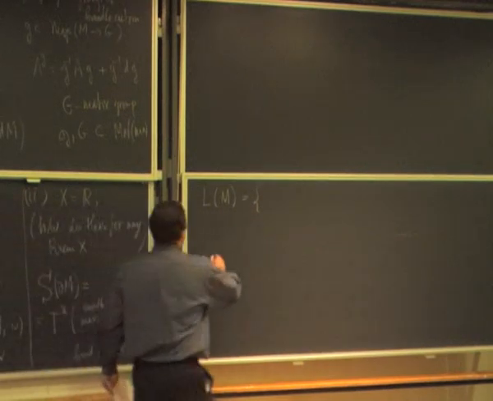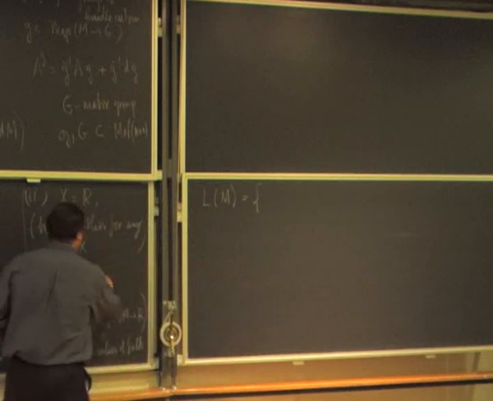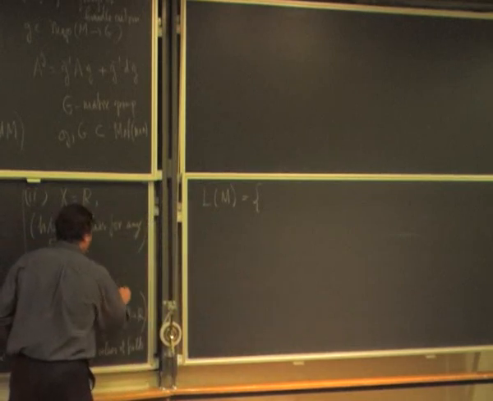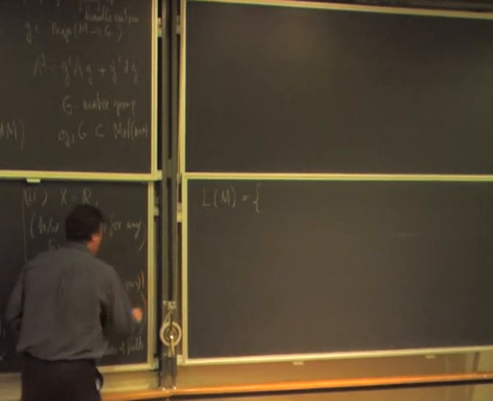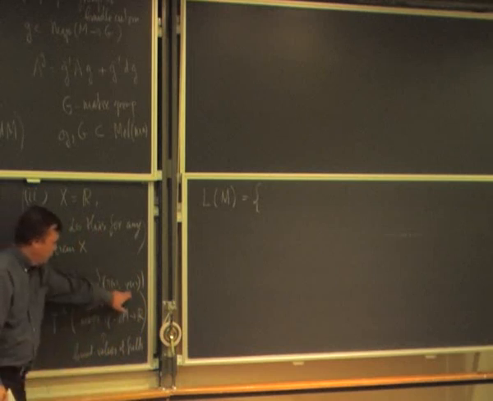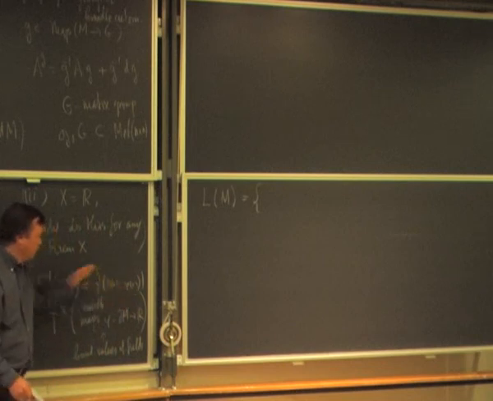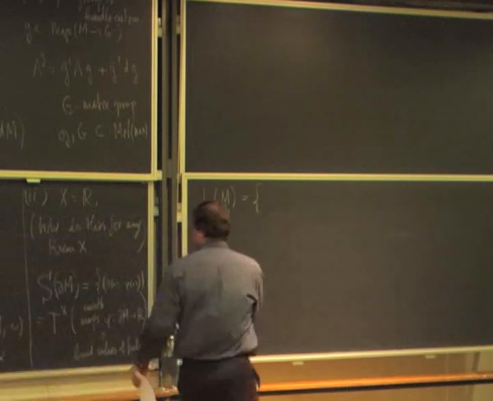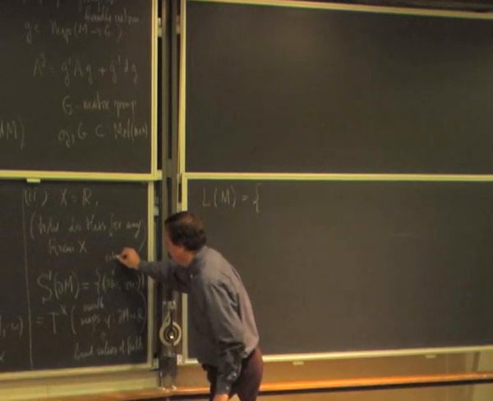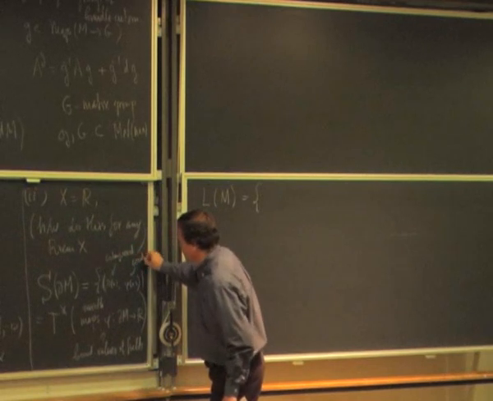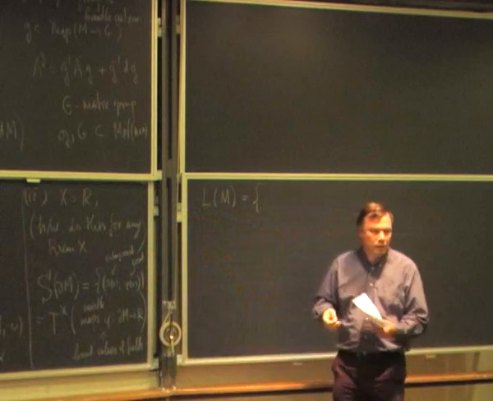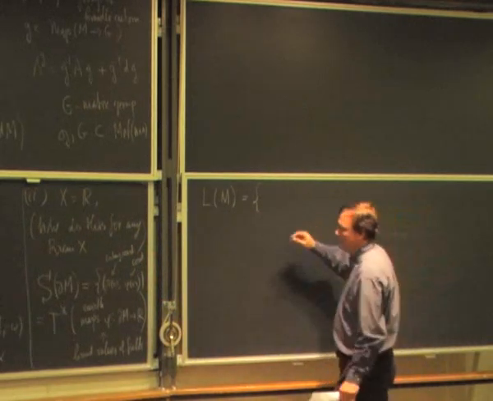So let's introduce here the coordinates. If phi is the boundary value of the field, then p will be the corresponding coordinate on the cotangent direction. So this is the cotangent coordinates, and these are the coordinates on the boundary values.